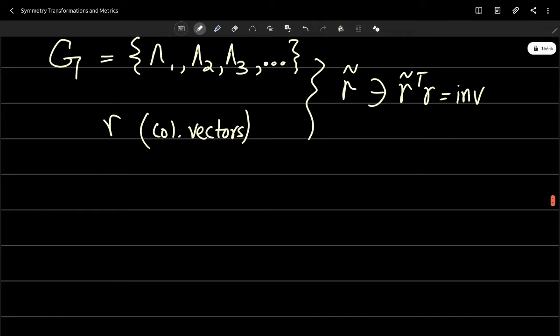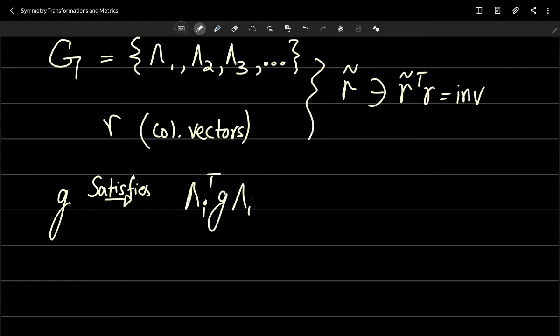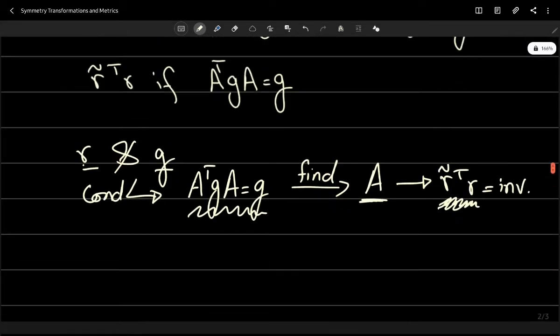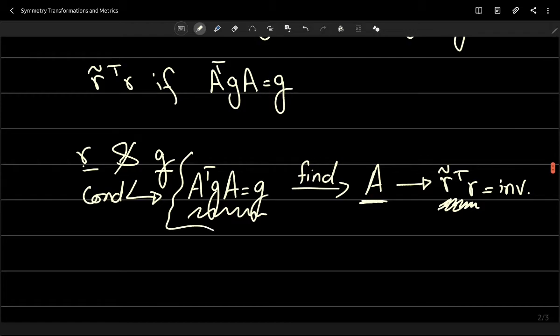And we can do this using the matrix G that satisfies this thing, that is lambda I transpose G lambda I is equal to G, where these lambda I's are the transformation matrices. So this thing over here is the same as this condition over here, right?